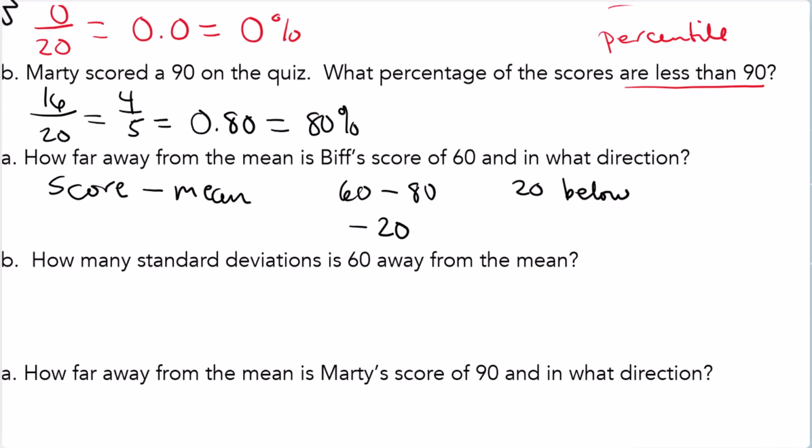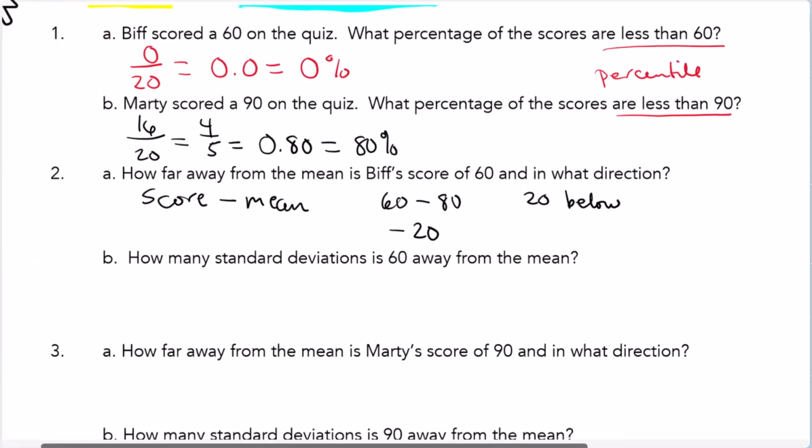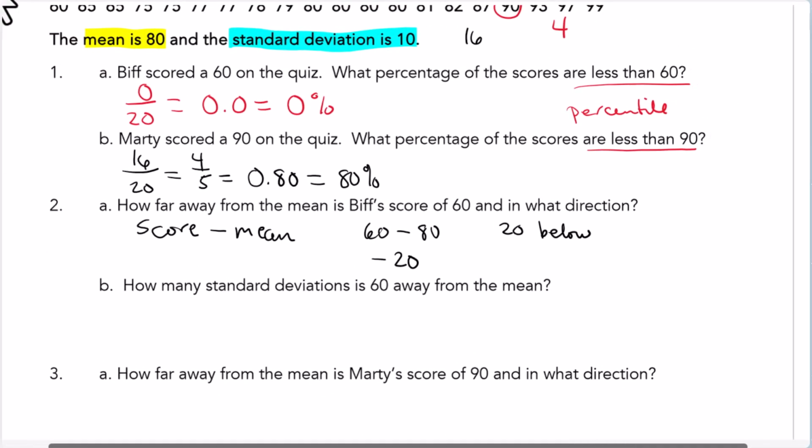Now we're going to use that value when we talk about standard deviations. His score of 60, how far away from the mean is that? We're told that we've got a standard deviation of 10, and we're going to use that value with the number we just came up with from Biff's score being above or below the mean.